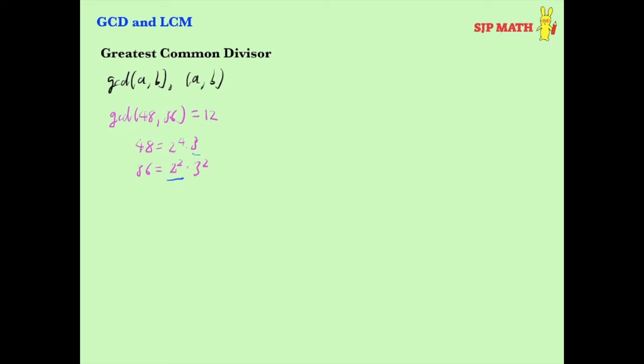So in conclusion, the GCD of 48 and 36 is equal to 2 squared times 3, which is equal to 12. This is a much quicker method than listing all of the factors. So that's a tactic for finding the GCD.